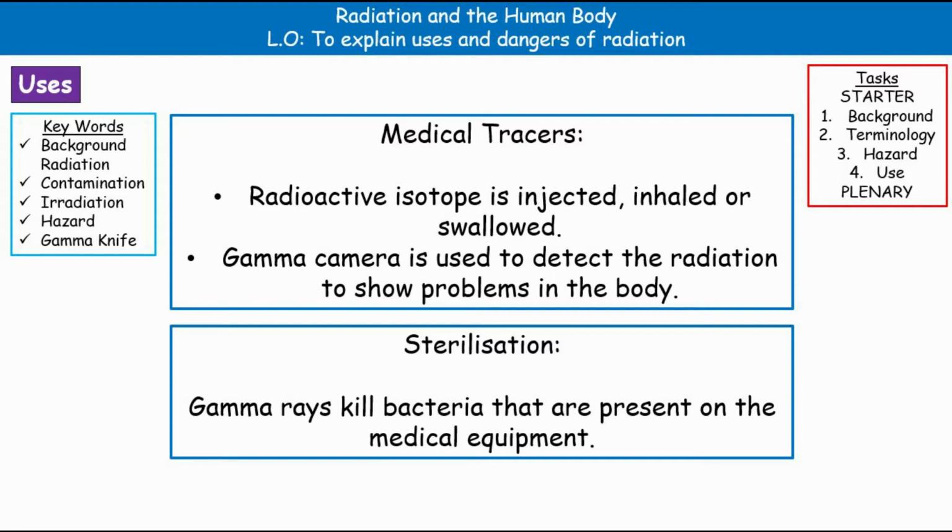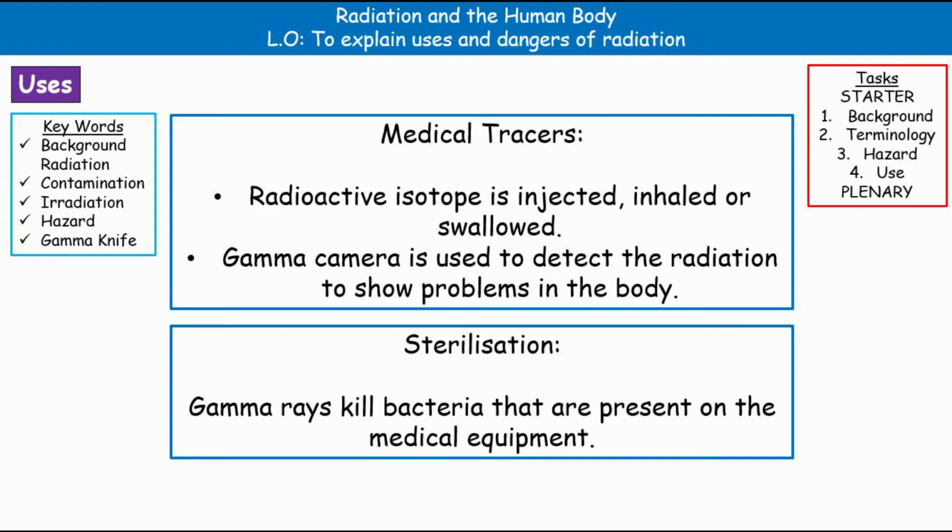So if we wanted to know how your blood was flowing around your body, then we'd inject it into your bloodstream. If we wanted to know about how your lungs were working, then you'd inhale it. If we wanted to know about your digestive system, you'd swallow it.